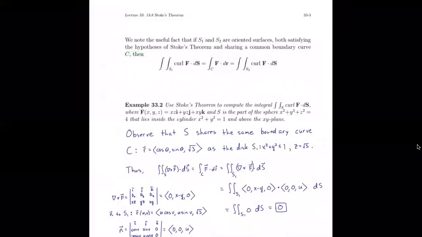We can switch from evaluating this double integral over the surface S1, linking it through Stokes' theorem to the line integral along its boundary, and then equating that to the surface integral across S2, because of course they have the same boundary. Since this side's equal to this side and this side's equal to this, we can jump between surface integrals. So that's a nice tool.